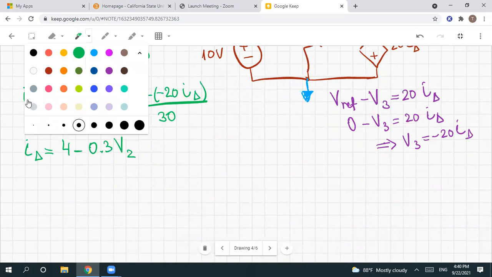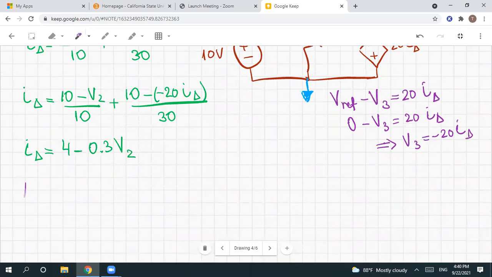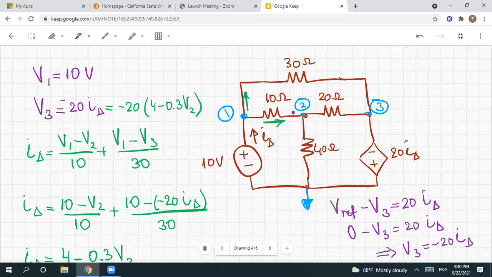This will be the last equation. We have 3 currents, each leaving the node, knowing that this is V2, this is V1 and this is V3.